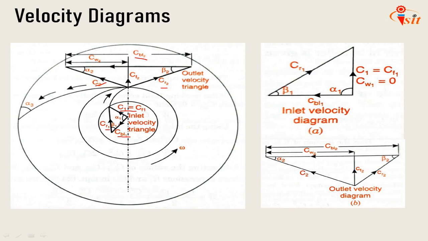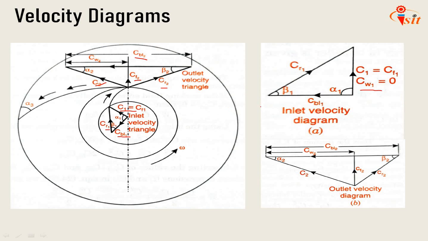CW1 is the whirl component, velocity of whirl at inlet, and CW2 is velocity of whirl at outlet. CF1 is velocity of flow at inlet, CF2 is velocity of flow at outlet.